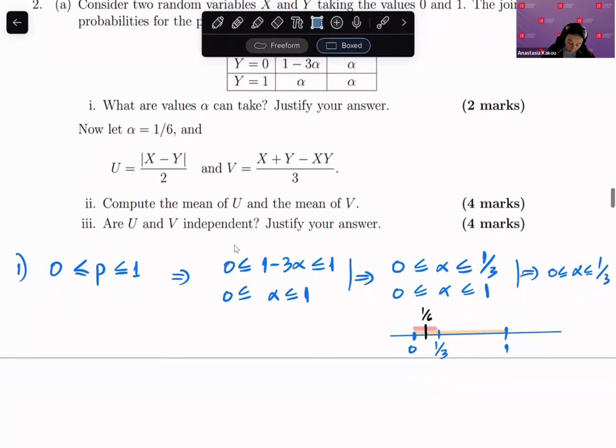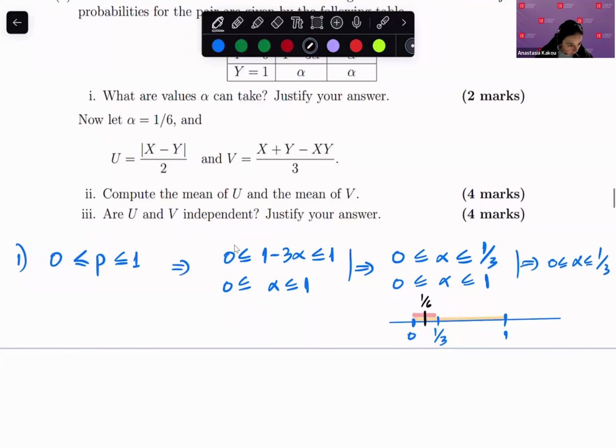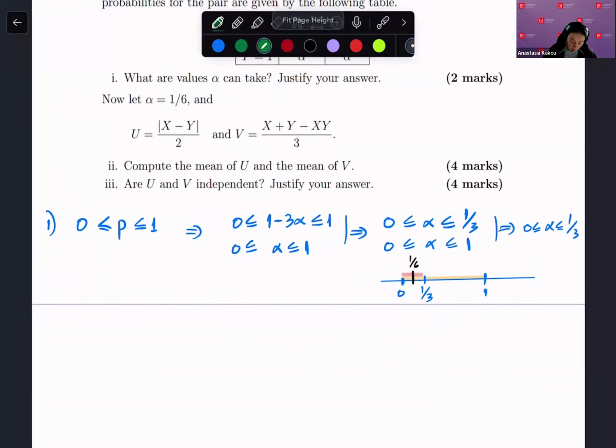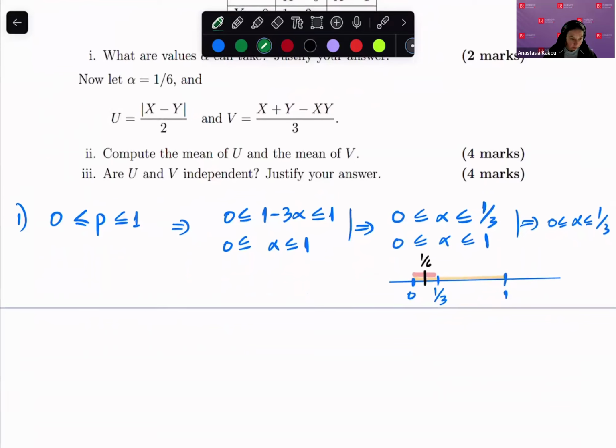And then the next bit is to calculate the properties of U and V, because you need to then find the mean and also to check whether they are independent. So in order to find the mean of these new variables, U and V, let's find their distribution, starting with the marginal distribution.